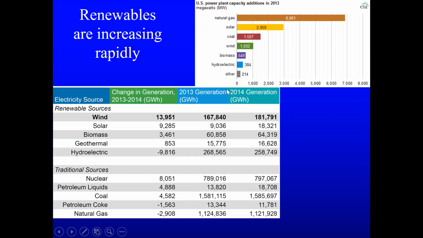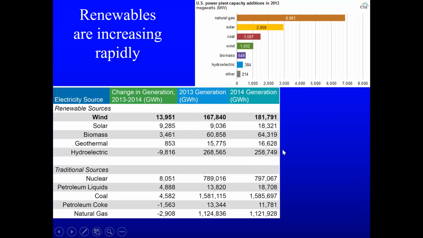This is just a one-year change in renewables from 2013 to 2014, and that unit is a gigawatt hour. So we're talking a whole lot of power, a whole lot of energy. And if you look, just the year-over-year change in wind, solar, biomass, et cetera, it's really jumped. Hydroelectric came down because out here in the West, we're actually starting to take out some of those hydro dams to try to protect salmon and not have salmon go extinct.